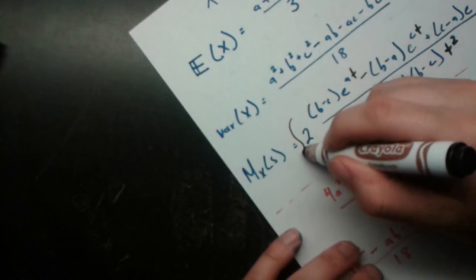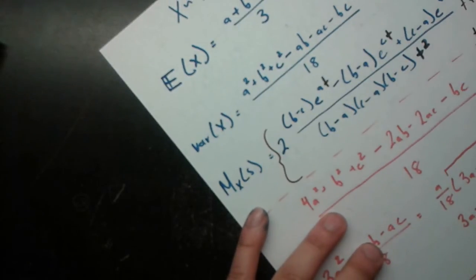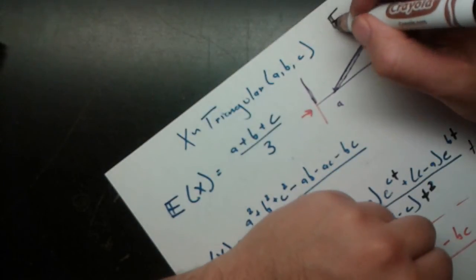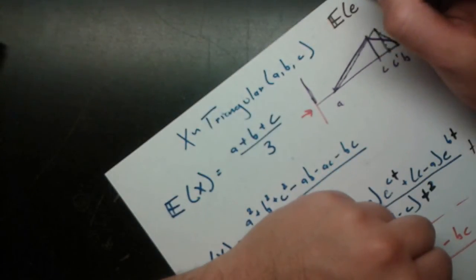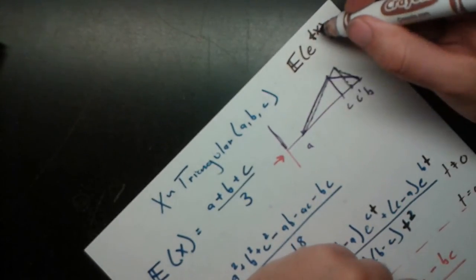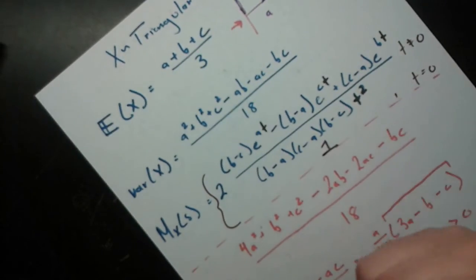So maybe I should put that this is for t not equal to 0. What will it be if t equals 0? That's a quick check. If we look at the formula for the MGF, the expected value of e to the tx, and put t equals 0, that's the expected value of 1, which has to be 1, right? That's a sanity check. So we have to put 1 if t equals 0.